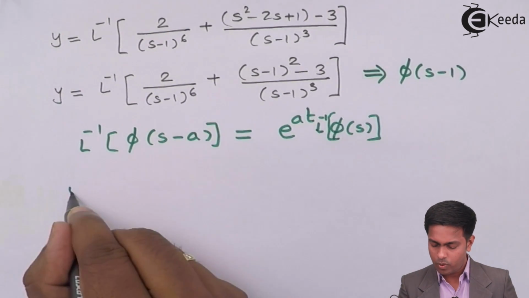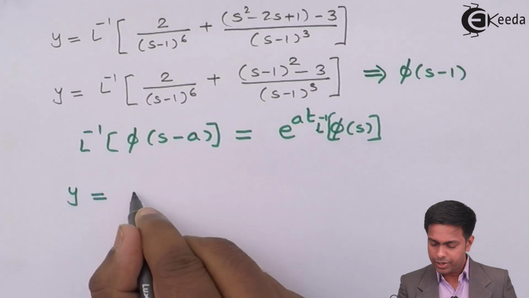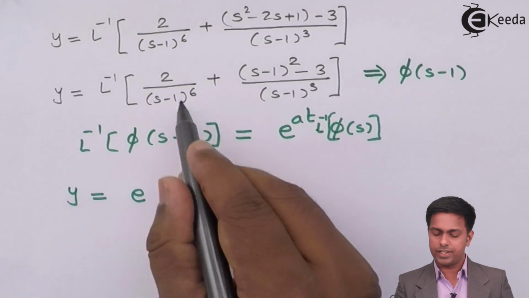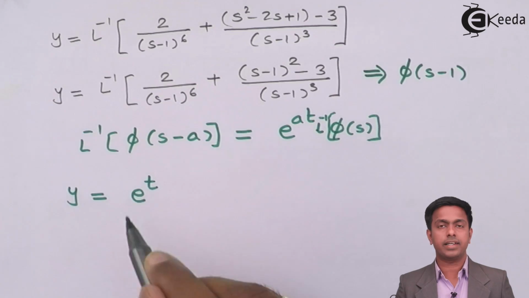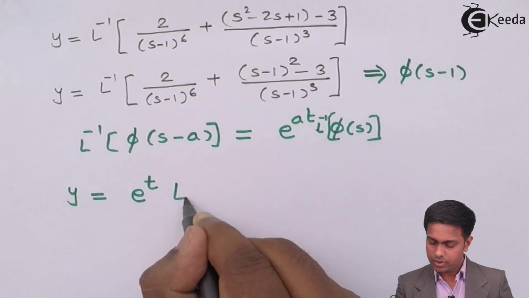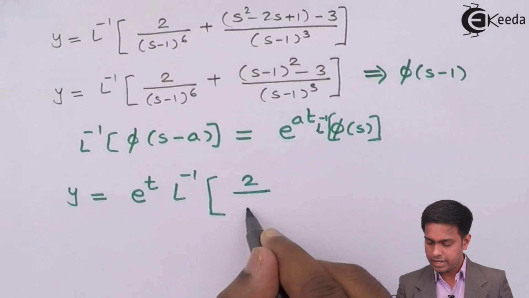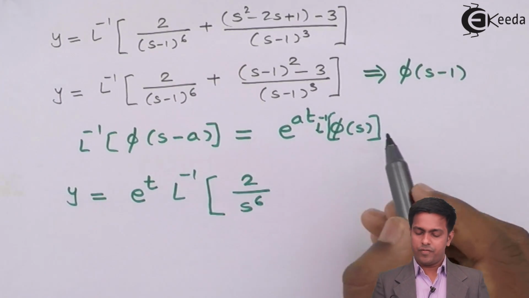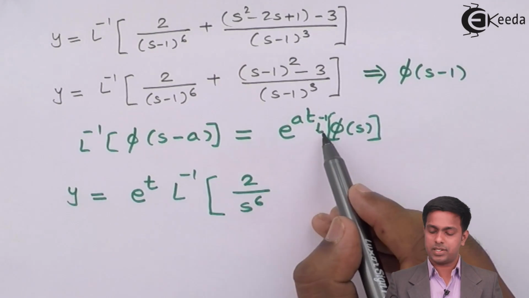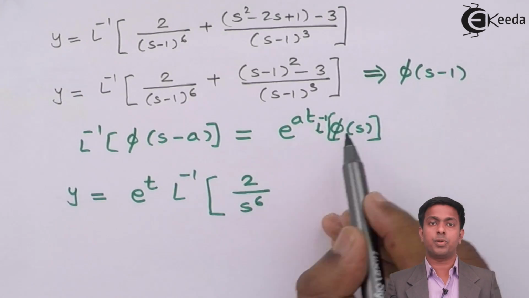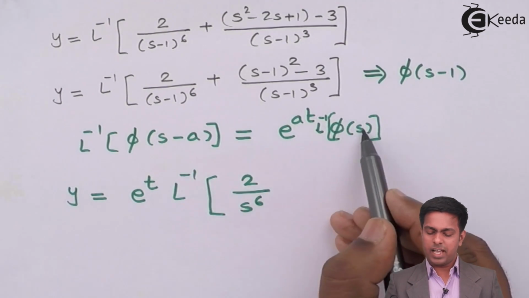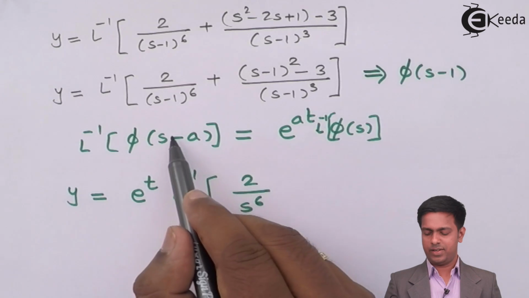So we will get y equal to e to the power, now the value of a is 1, so 1t, that is t, and we are going to find the Laplace inverse of 2 upon s to the power 6, because we have to find the inverse Laplace transform of phi of s as per the property. So we get this by replacing s minus a with s.